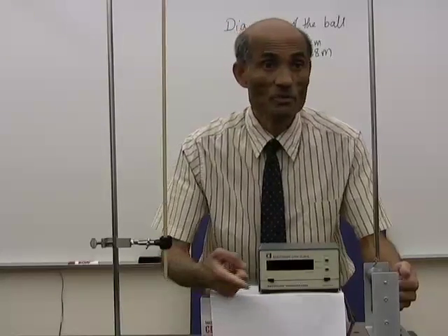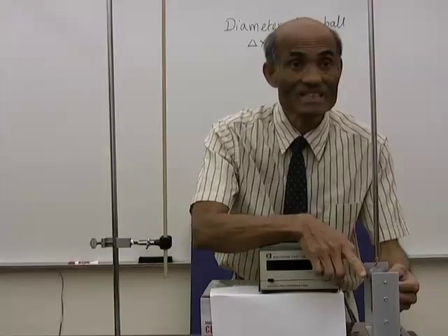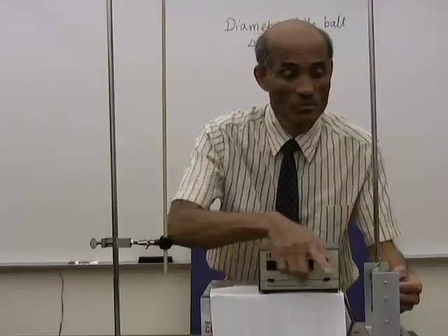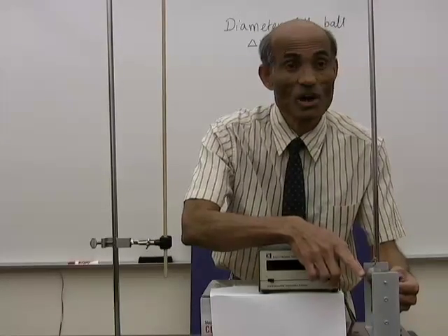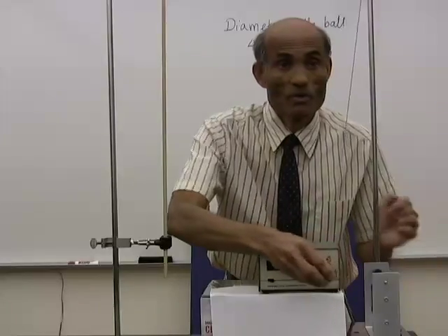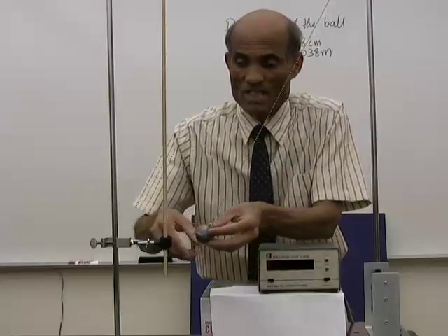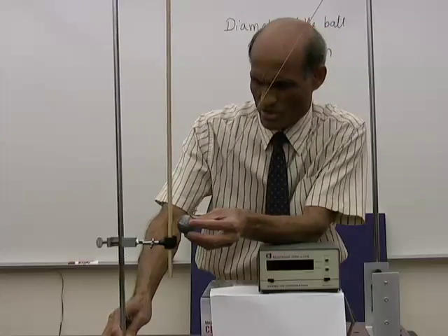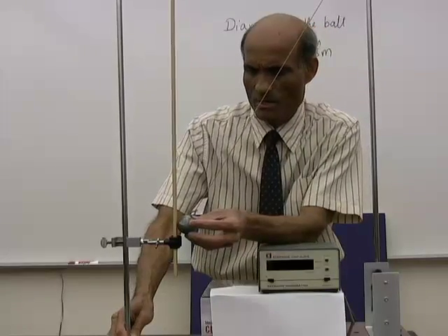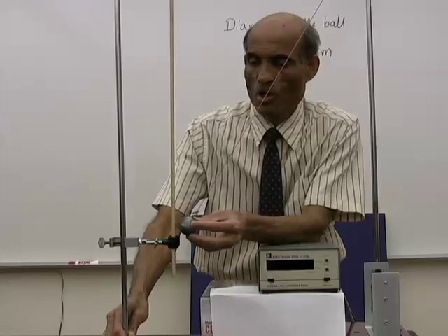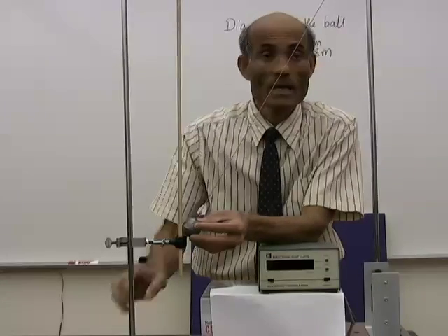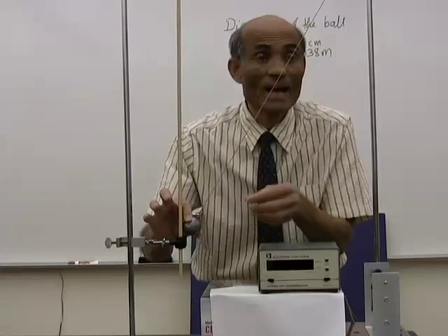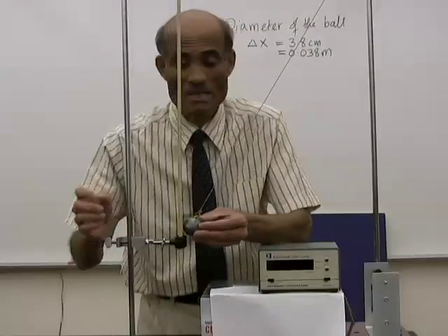This 0 is exactly at the same level with the center of the ball. So when I raise the ball and touch the 10 centimeter mark, there is the 10 centimeter mark. Now the ball has been raised through a height of 10 centimeter.